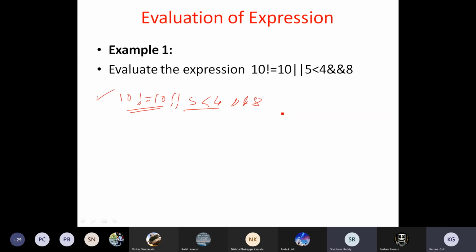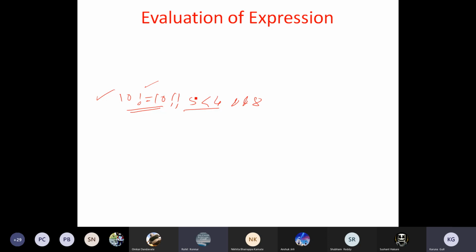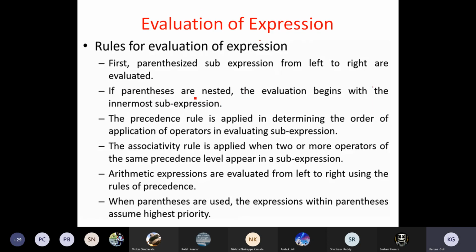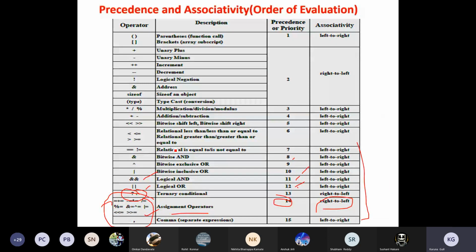You have to give me the solution, because I cannot simply say anything. Are you working according to the chart I have given? Not equal to is coming first? Or 5 less than 4 first? So, less than and not equal to.